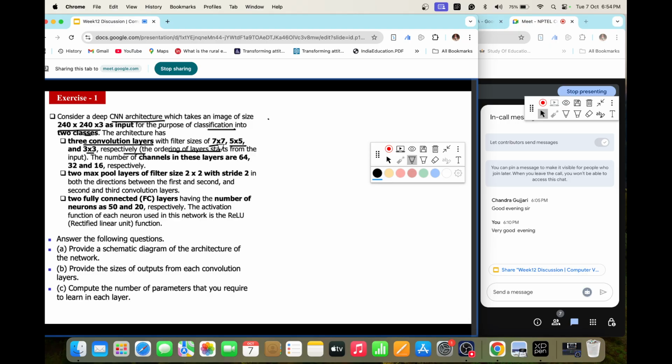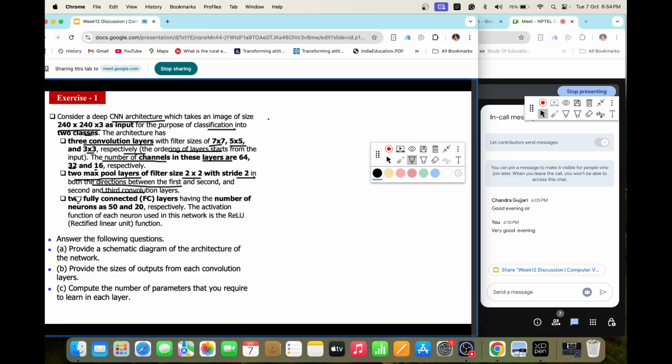The ordering of the layers starts from the input. The number of channels in these layers are 64, 32 and 16 respectively. There are 2 max pool layers of filter size 2 cross 2 with stride 2 in both directions, between the first and the second and the second and the third convolution layer.